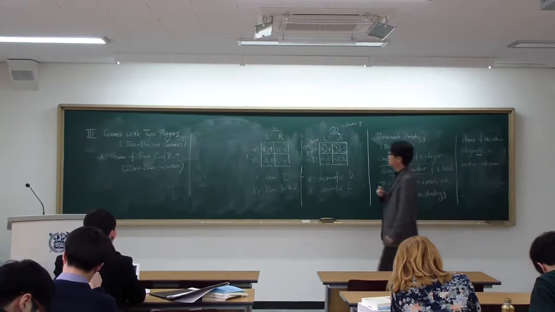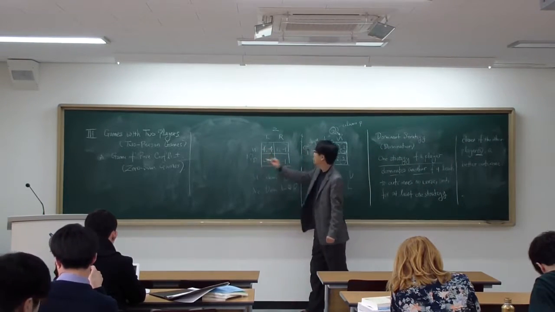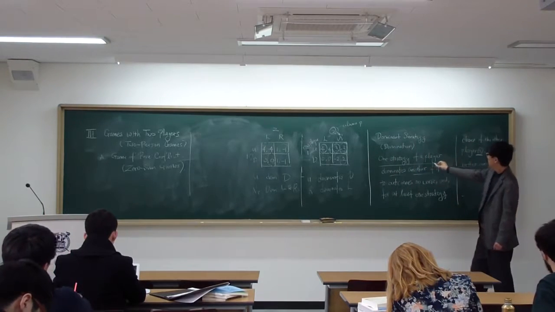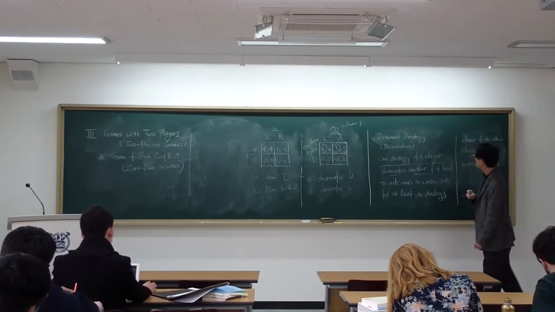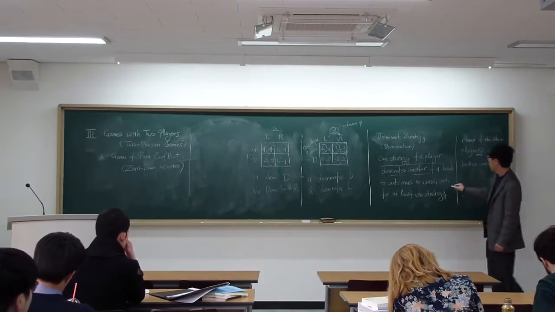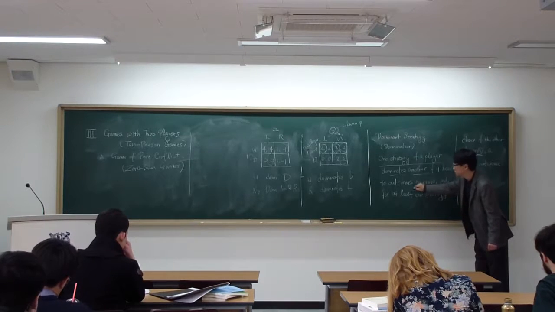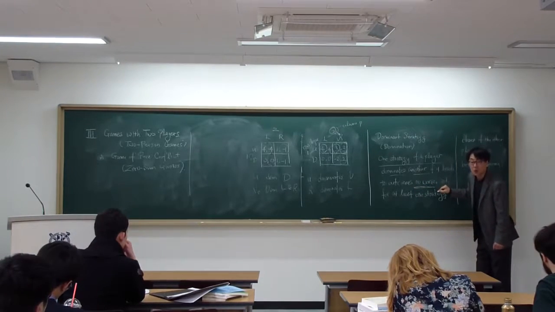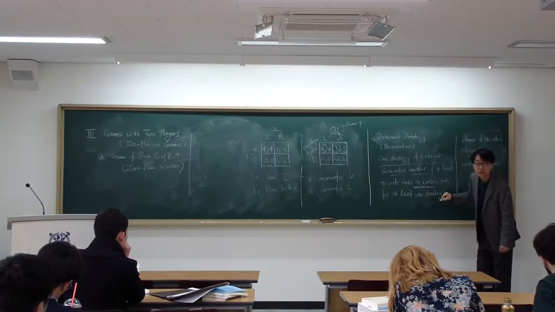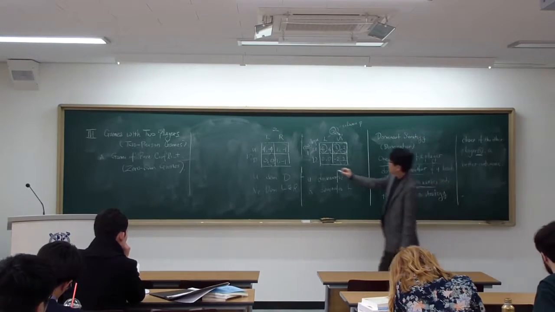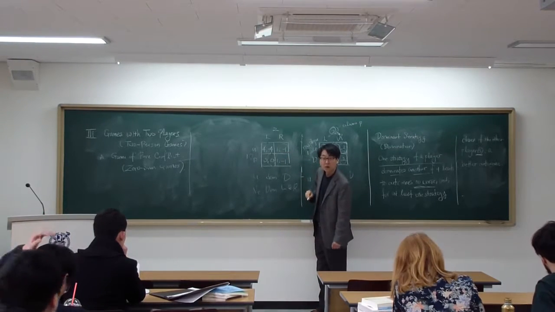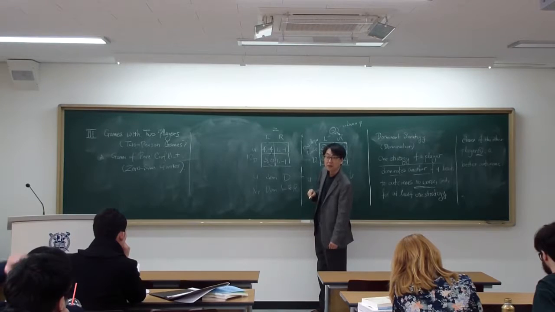Now, the dominance relationship between up and down. The definition states one strategy dominates another if it leads to an outcome no worse. It doesn't say always better. It says no worse. Okay? And in this case, 1 and 1, no worse applies here, right?